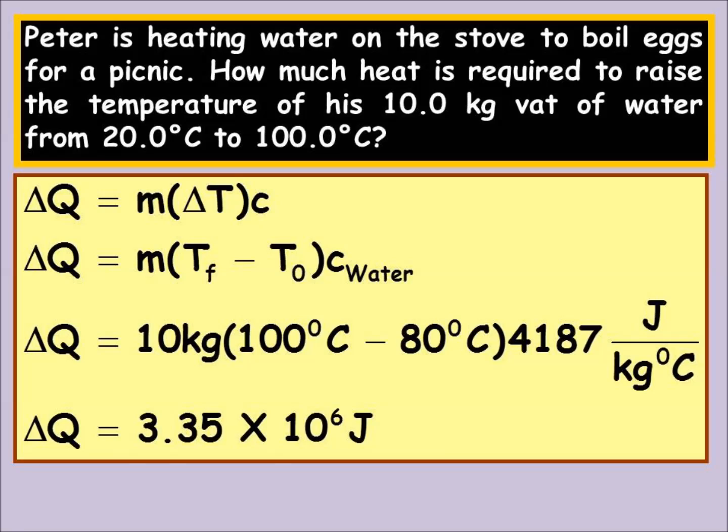Peter is heating water on a stove to boil eggs for a picnic. How much heat is required to raise the temperature of his 10 kilogram vat of water from 20 to 100? Notice that it's going to be a positive value, even though I don't have a plus written there, for 3.35 times 10 to the 6 joules.